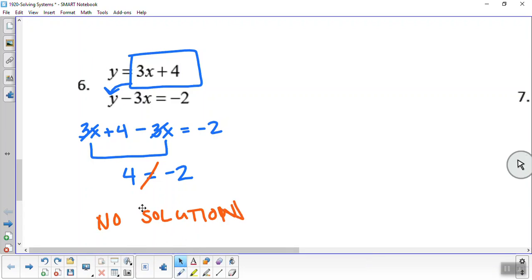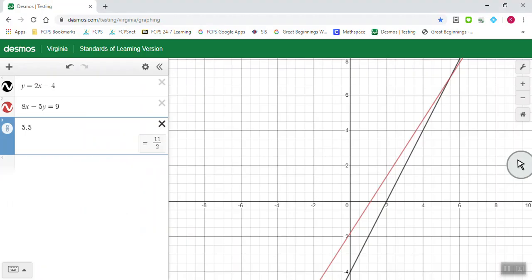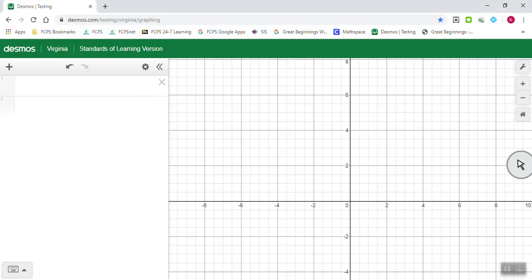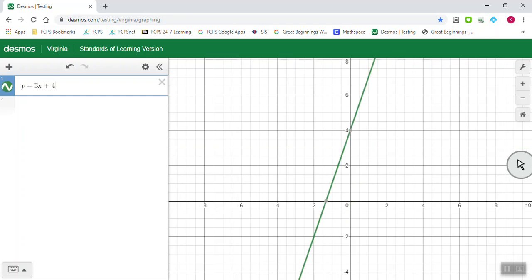And if you did this by graphing, systems that have no solution mean there's no intersection, also known as parallel lines. So again, I'm doing number 6 in Desmos. And the first one is y equals 3x plus 4.